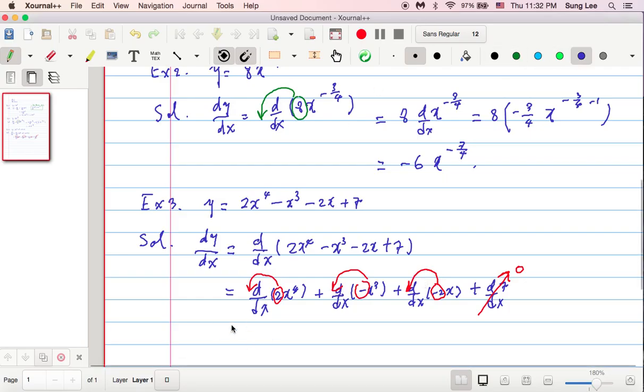So this gives us 2 times d by dx of x to the power 4 minus d by dx of x cubed minus 2 times d by dx of x.